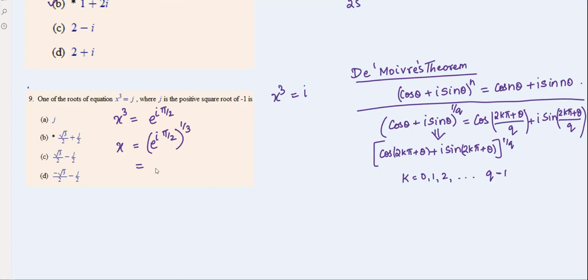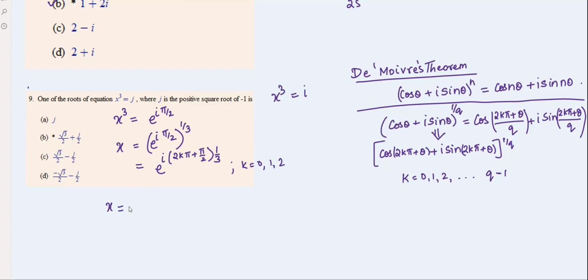Now I'll get e power i (2k pi plus pi by 2) whole power 1 by 3. So I'll get this, and k takes values 0, 1, 2.